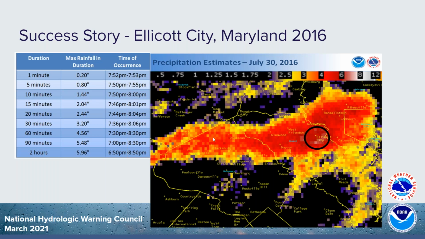That half an inch could make a difference between whether it's going to flood and whether it's not going to flood. So having the gauge data to either back up those estimates or let us know very quickly, because they're real-time gauges, that those estimates are way off is really, really important to us being able to protect life and property and get warnings out to the public in a timely, quick manner.